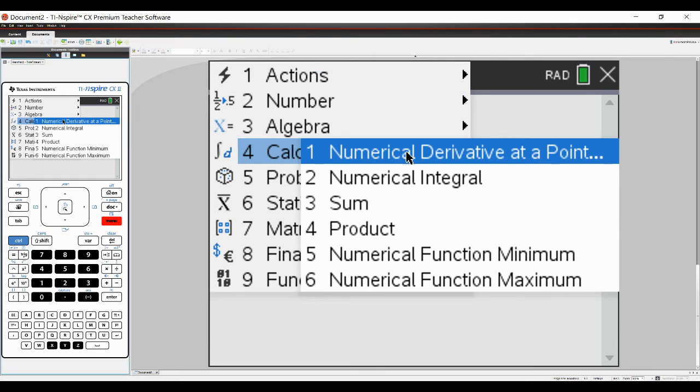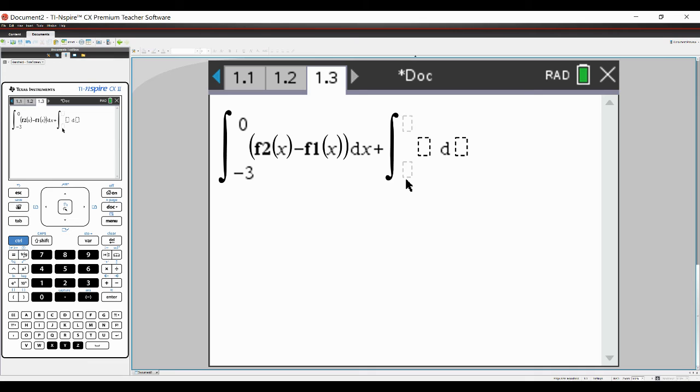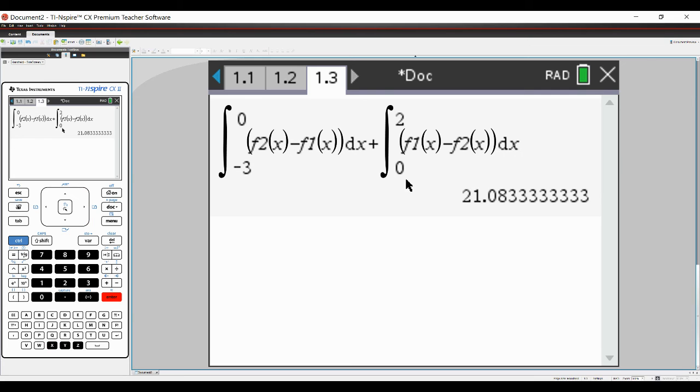Then we need to add the second numerical integral, which is from 0 to 2, but we're subtracting in the other direction, so we want f1 of x minus f2 of x dx.